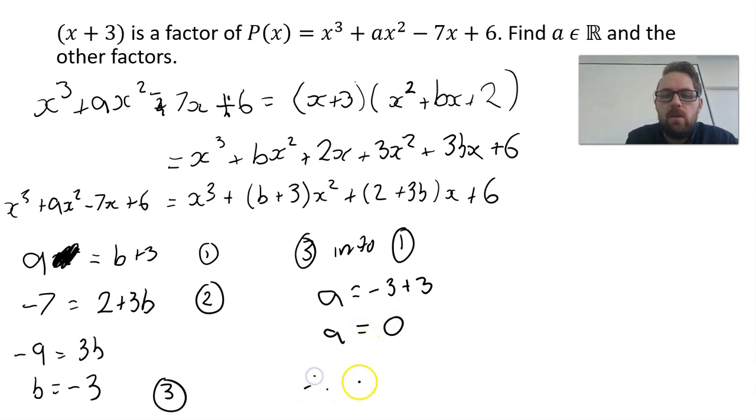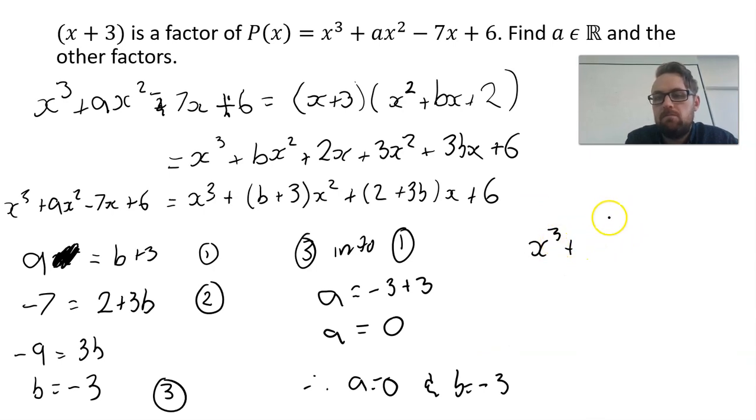So therefore, a equals 0 and b equals negative 3. So I could write my original equation as x cubed plus 0x squared, so that just goes away, minus 7x plus 6. All right, so that's what we're left with.